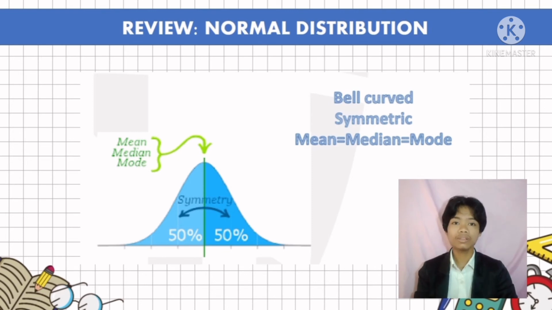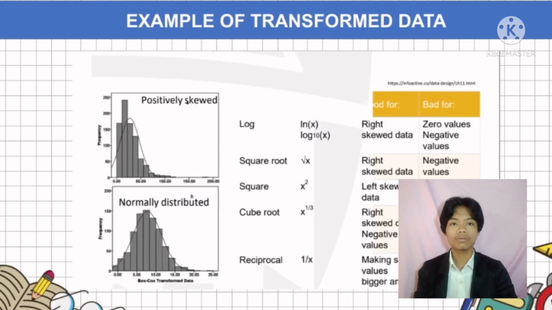The characteristic of a normal distribution is that it forms a bell curve and it's symmetric on both sides, and at the center the mean is equal to the median is equal to the mode. So we have this example of transformed data.